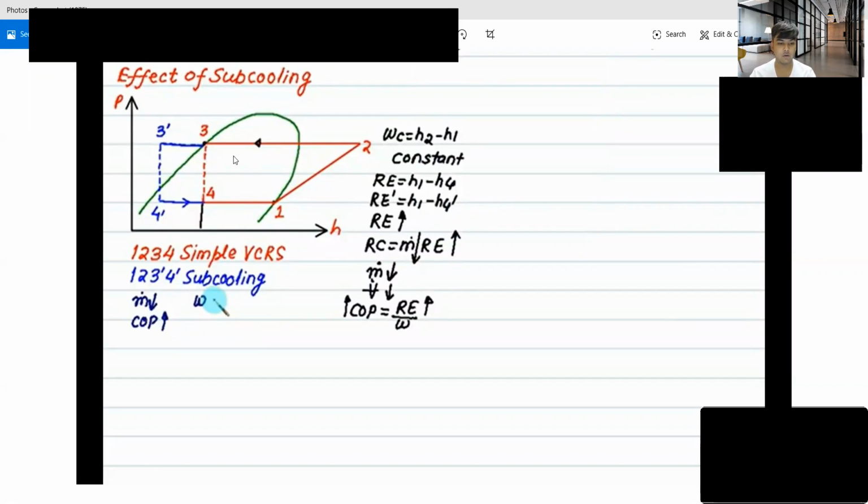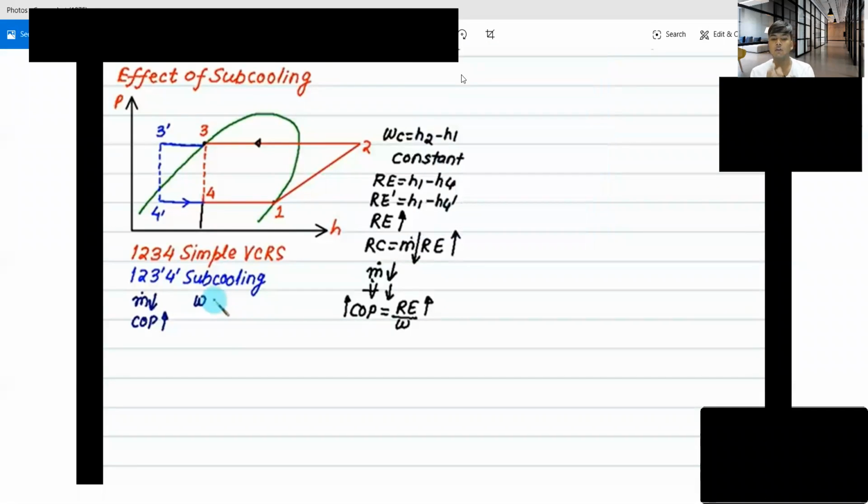When subcooling happens, it goes to the left side, so 3 becomes 3 dash and 4 becomes 4 dash. So in the VCRS system we consider 1, 2, 3 dash and 4 dash, because subcooling is on the left side.